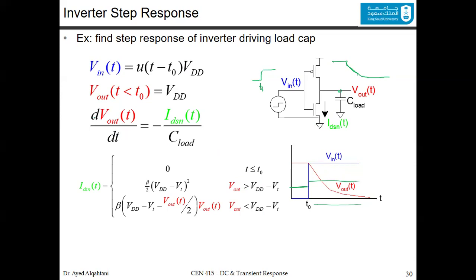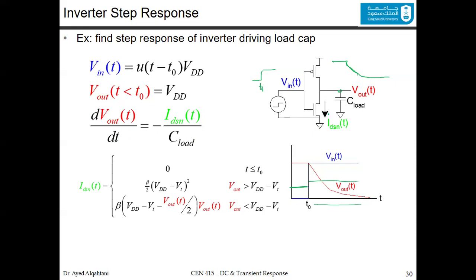So the derivative of the voltage, because the voltage is changing over time, it's losing its value from the capacitor. The charges that are there are discharged to the ground. So dVout(t)/dt, which is the first derivative of the output, is equal to the amount of current.